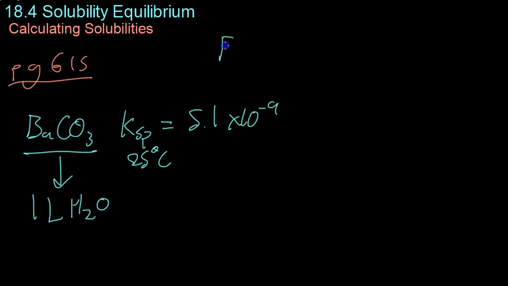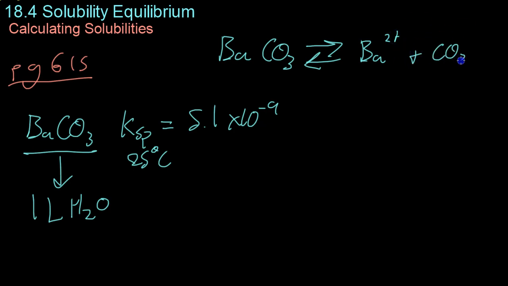First things first, we have to write our equation for the dissolution of barium carbonate in water. So you have a barium ion and a carbonate ion, both of which have a charge of 2, just opposite signs.